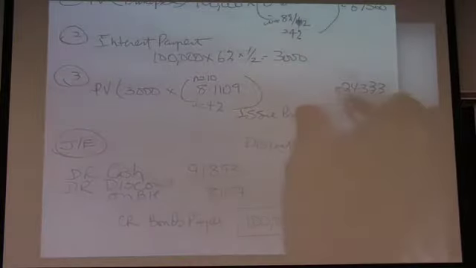Now, let's calculate the first interest payment just to show you. The first interest payment happens to be, right, June. In this case, it would be December 31st, 2011 is the interest entry.